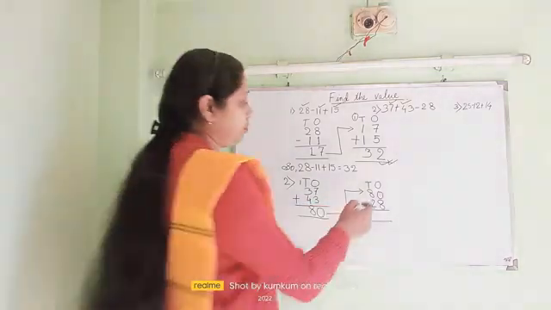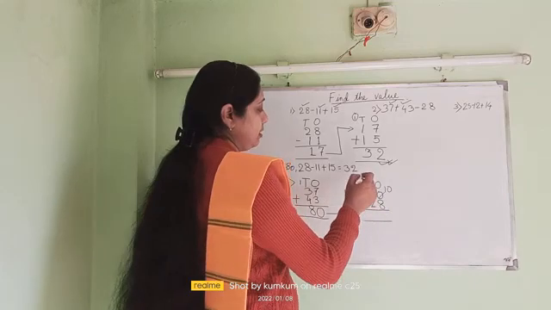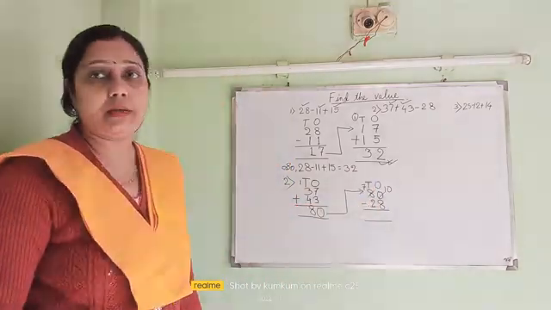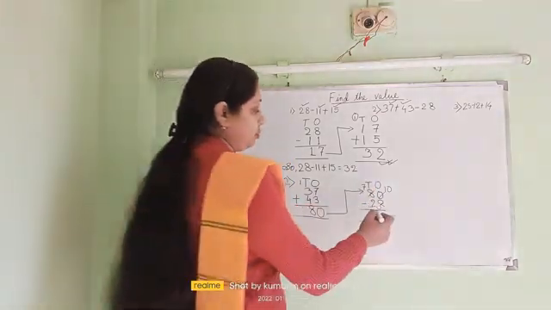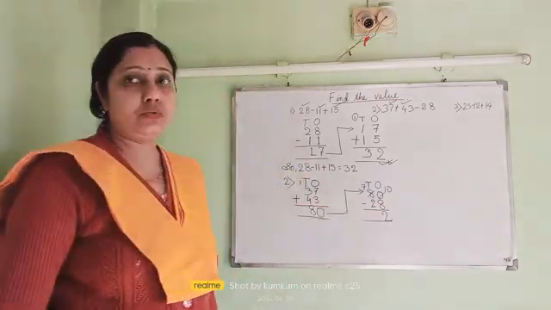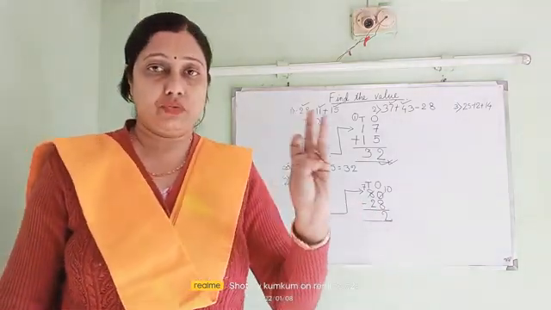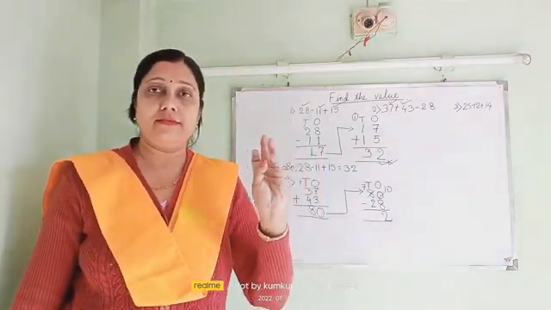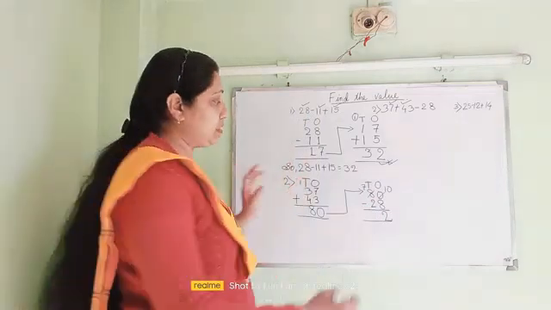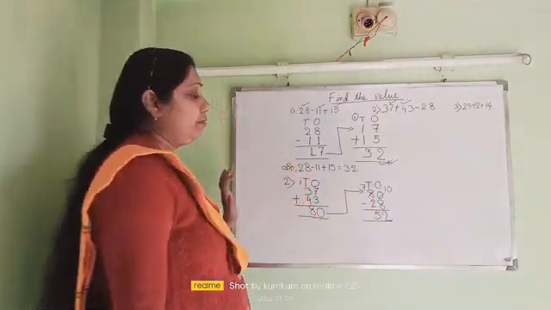So we are going to borrow 1 from here and it will become 710. So 10 minus 8 will become what? 10 minus 8 will become 2. And 7 minus 2: after 2 you count forward 3, 4, 5, 6 and 7. That means 5. So it will become 52.